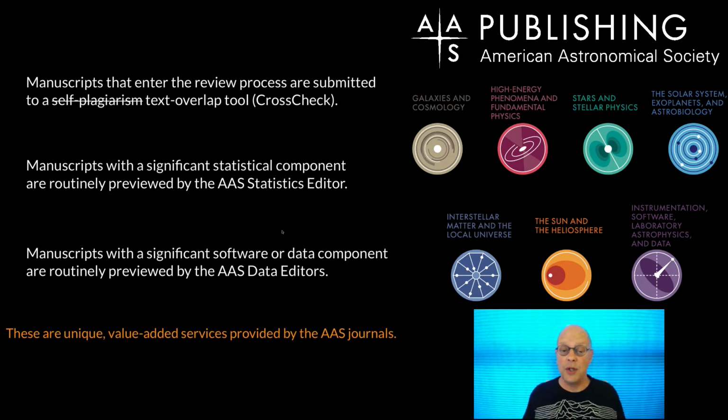Manuscripts that do enter the peer review process are submitted to a text overlap tool. We use Crosscheck, and what it is looking for is cut and paste of previous articles. Obviously there are words and phrases that are very common. There are only so many ways you can say supernovae, and so those are perfectly fine.